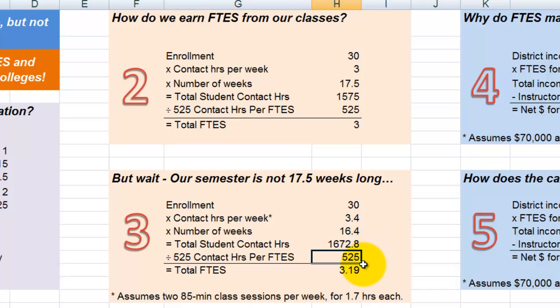Divide that by 525 and you get 3.19 FTES for that class. As you can see, the traditional 30 student class has gone from 3 FTES in a traditional semester to 3.19 FTES, not quite 10% growth, and that is attributed primarily to the compressed calendar.